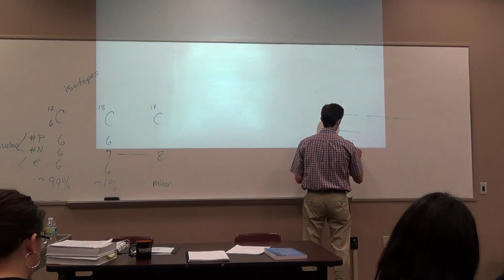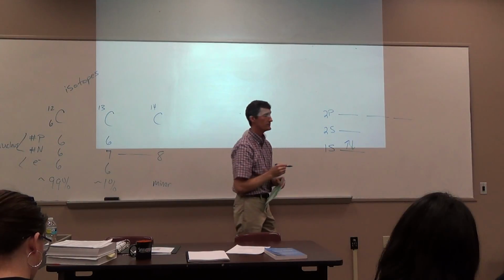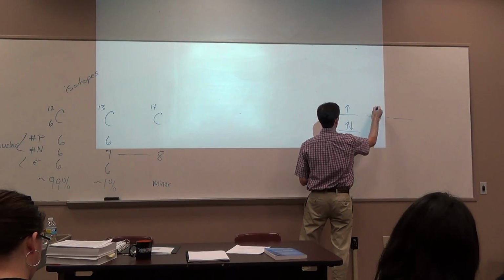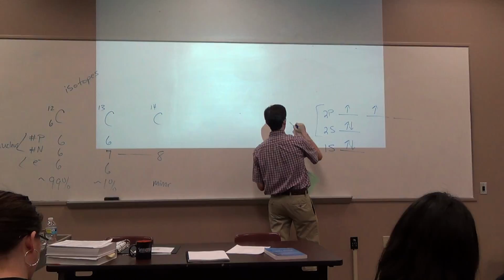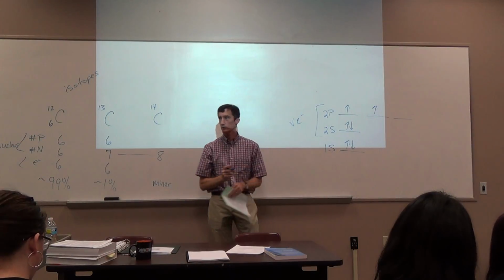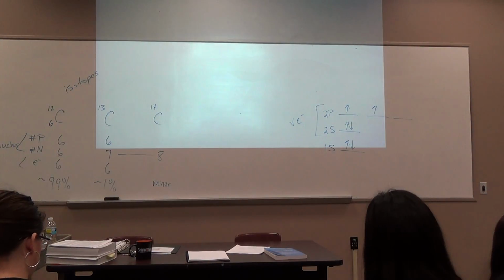Six. 1, 2. What are we using? Aufbau principle, Hund's rule, Pauli exclusion principle. 3, 4, 5, 6. What do we call these electrons? Valence electrons. These are kind of the core or subshell electrons. Valence electrons are important. Those are the ones that govern all the bonding.